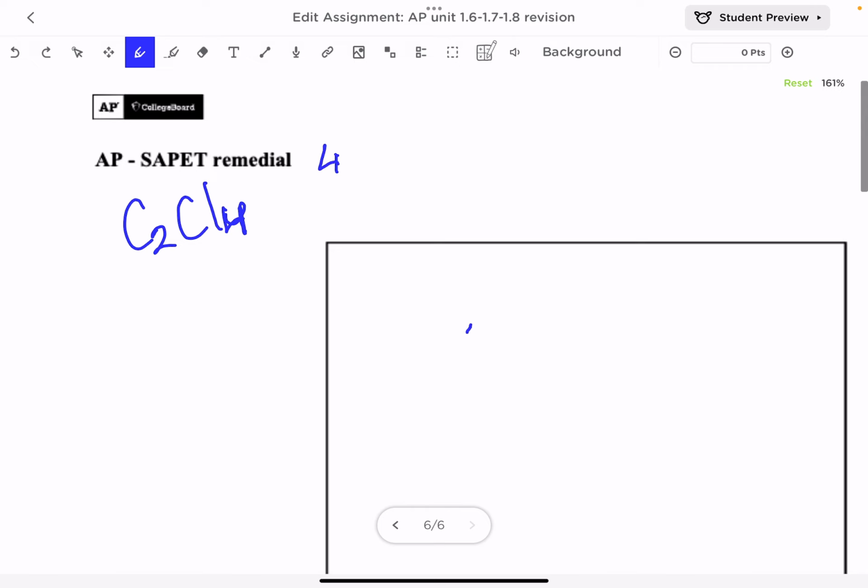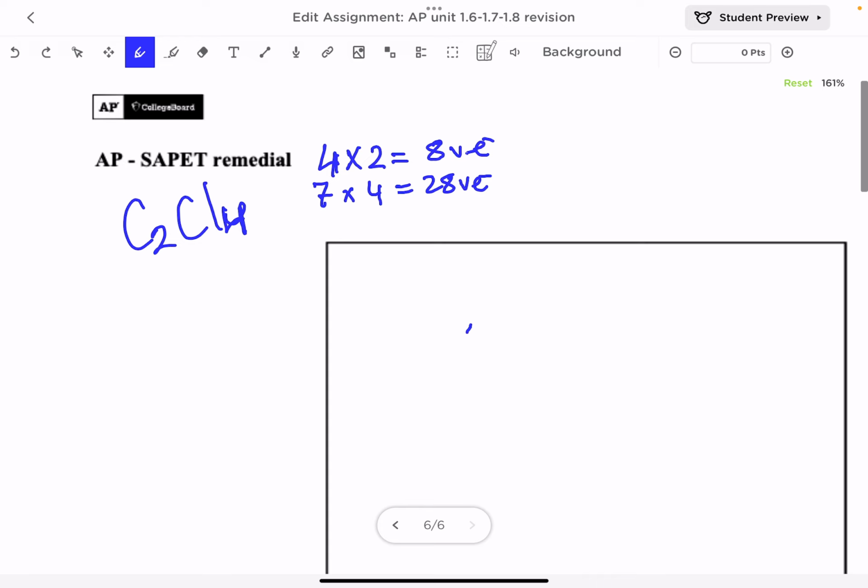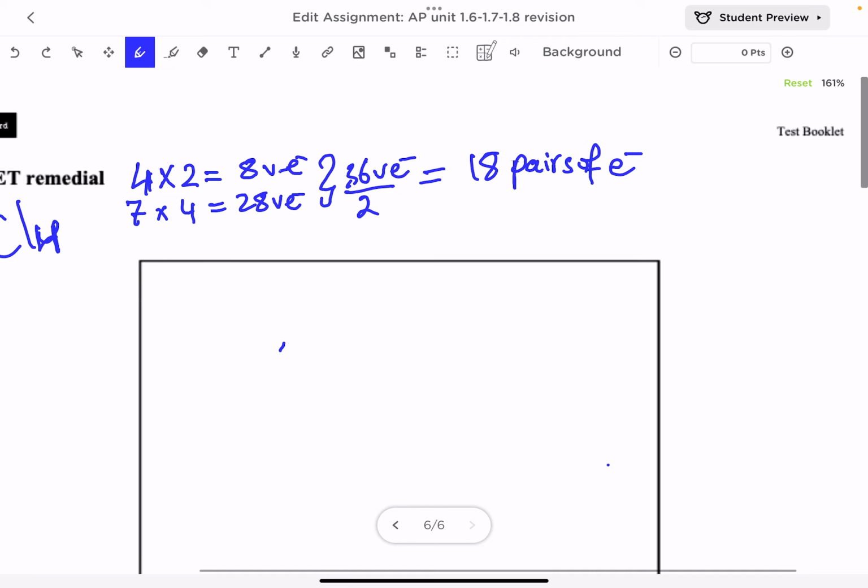I have 4 valence electrons in carbon, a total of 2 carbons, that's 8, and 7 valence electrons in chlorine, and we have 4 chlorines, so 7 by 4 is 28, for a total of 36 valence electrons. If I divide this by 2, I am dealing with 18 pairs of electrons to distribute.